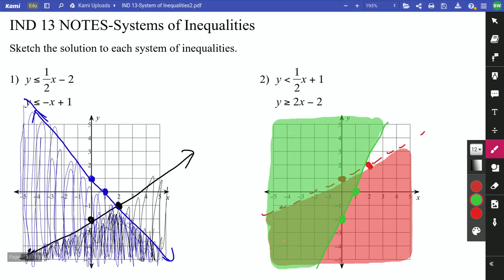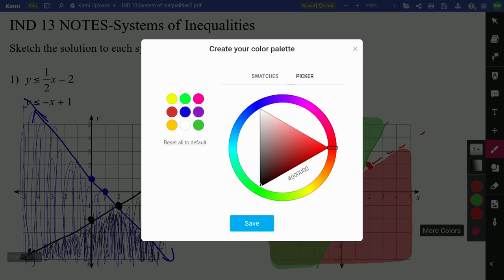So now they're both shaded, and we are looking for the overlap, and the overlap is the darker area, which is, let's see, yeah, that's not what I want, sorry.